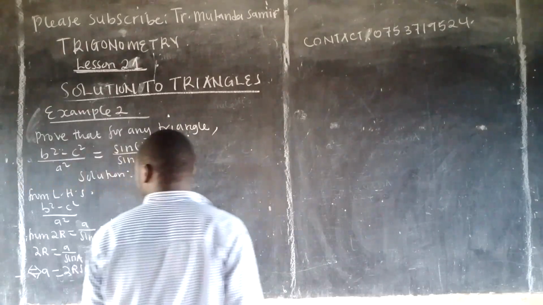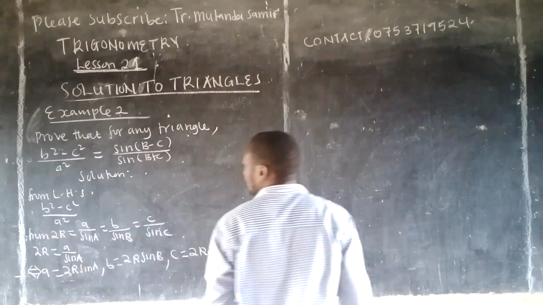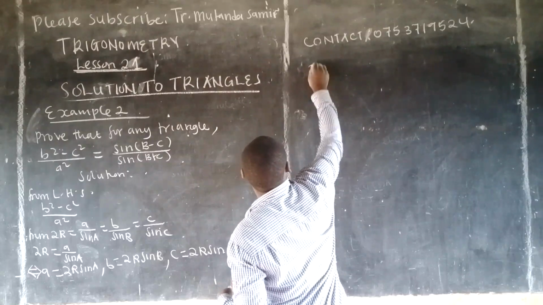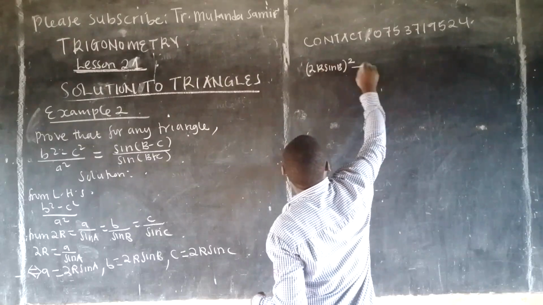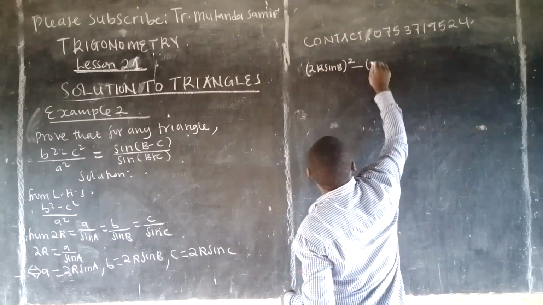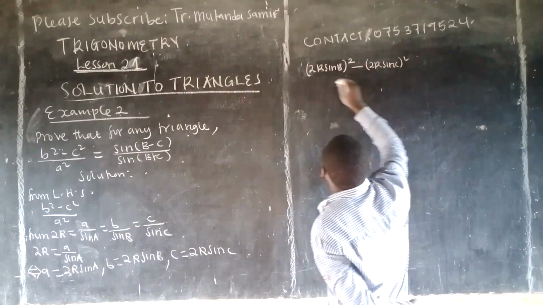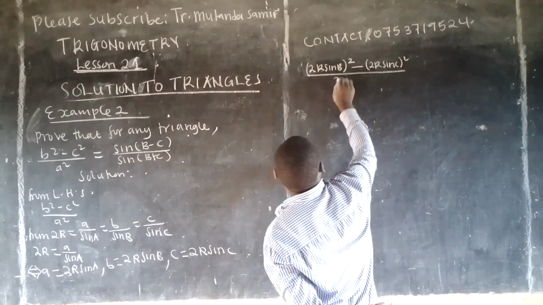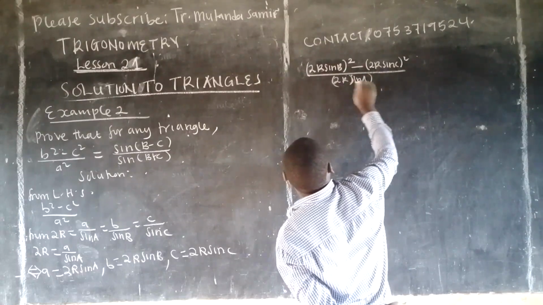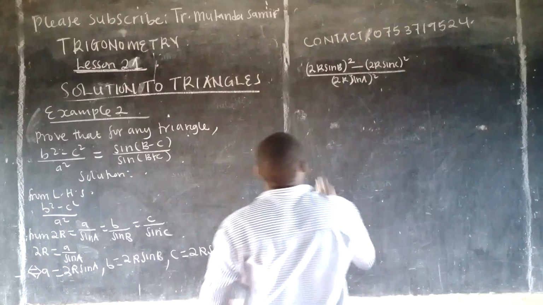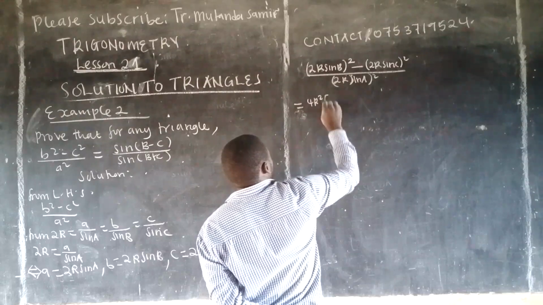Then from there, we substitute this a, the b, and the c. So this will now be b squared, that is (2r sine B) squared, minus c squared, that is (2r sine C) squared, over (2r sine A) squared. This implies that we factorize 4r squared, since it exists everywhere here.